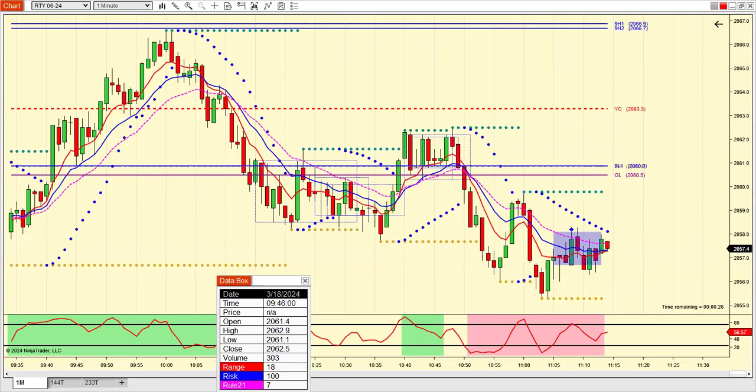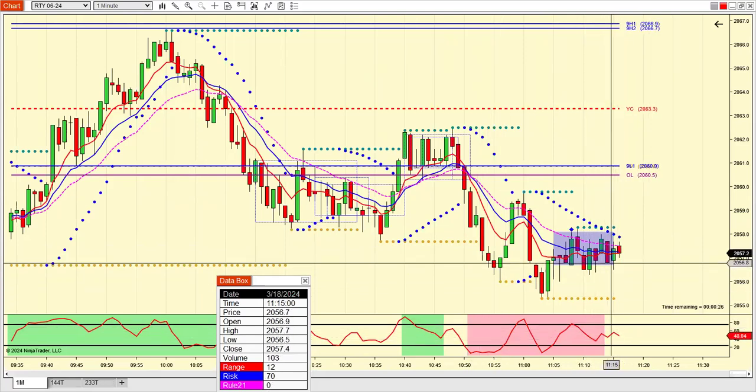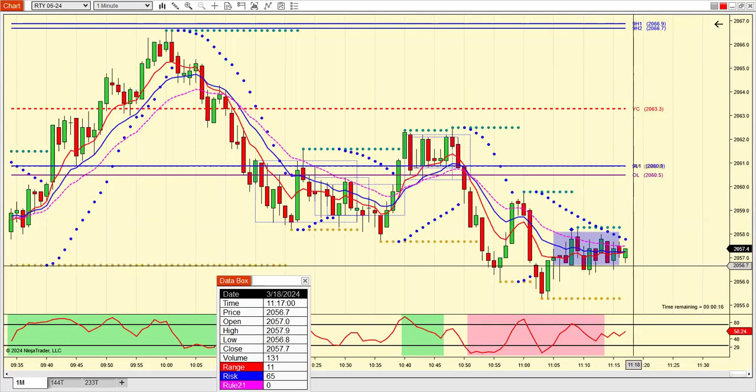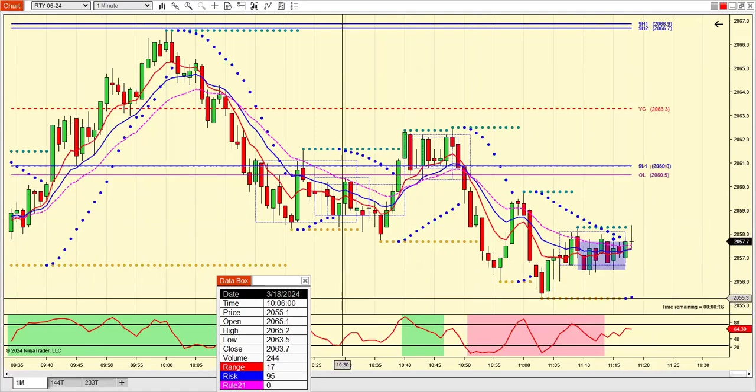So let's go forward. Notice it's blank down here. Now the box keeps up to let you know what you got to do to get a breakout above here or below there. RTY, 1 minute, new congestion. Oh, did you hear that?